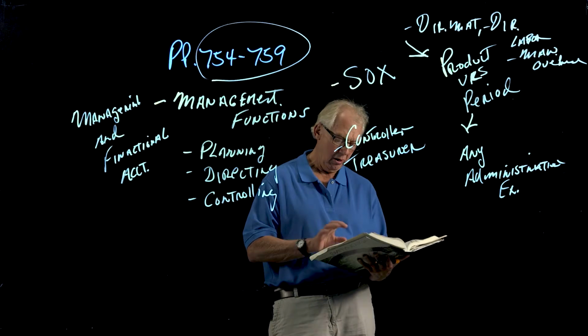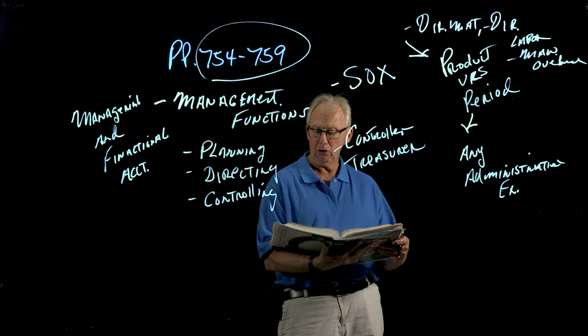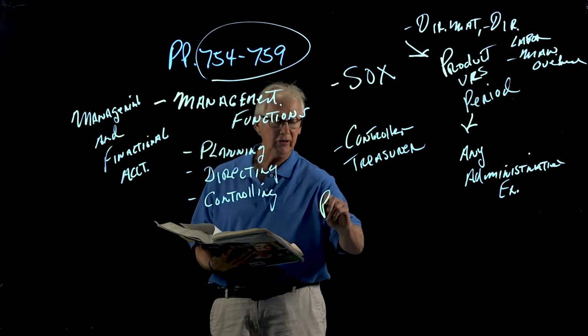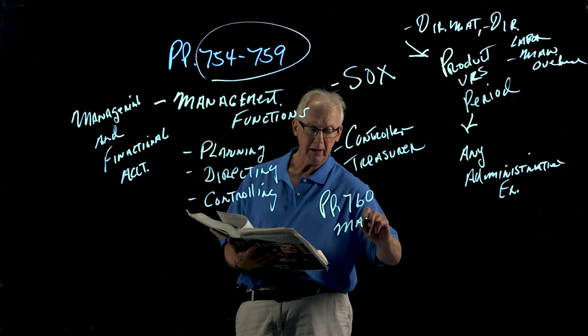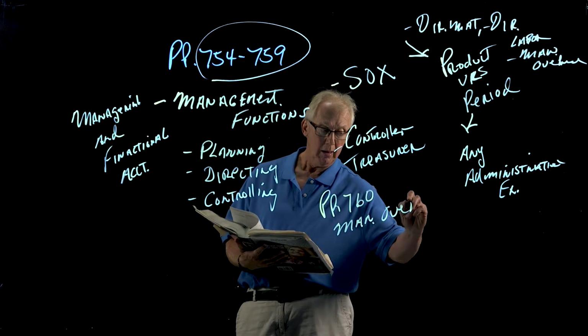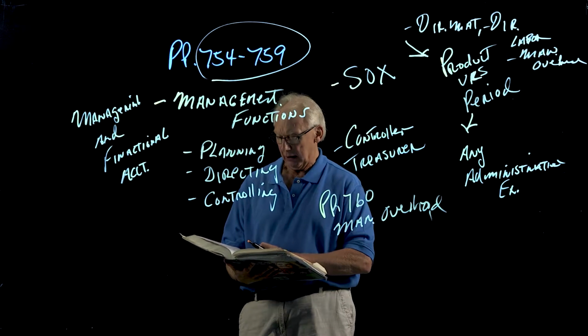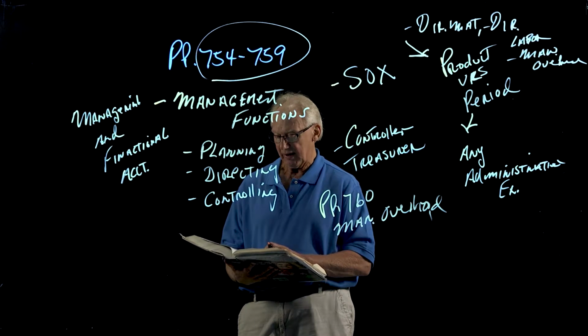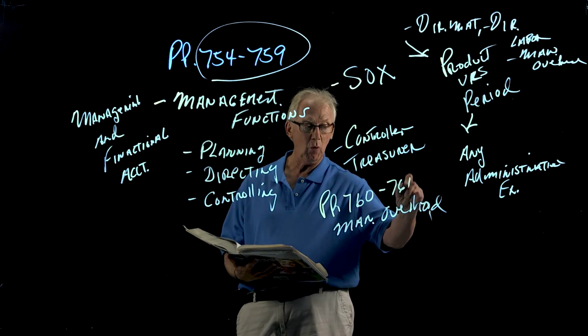Okay, now what is manufacturing overhead? Well, you got to look on the bottom of page 760. Okay, manufacturing overhead, and you have to read that little paragraph into page 761. At the bottom of page 760, 761.